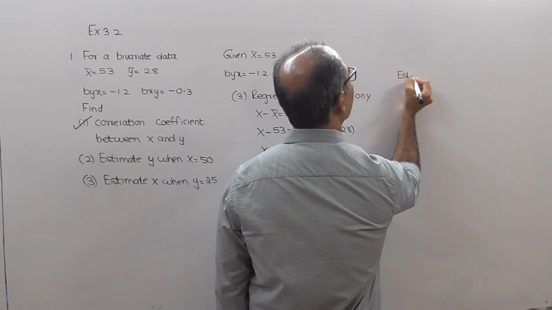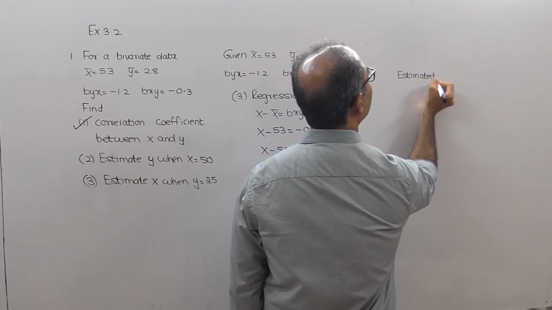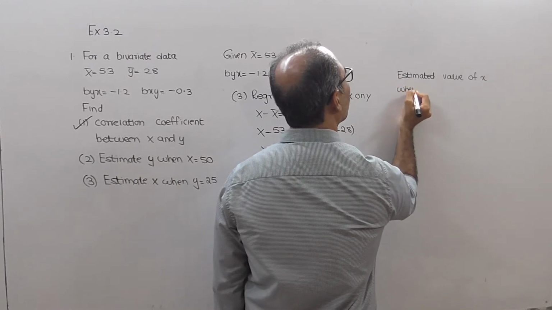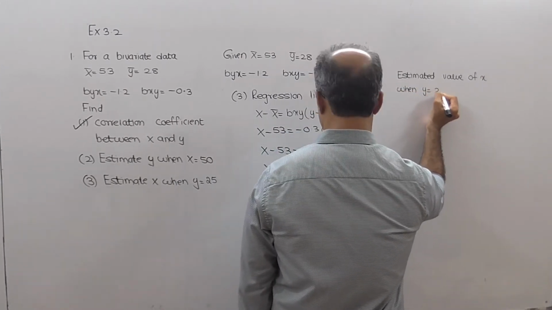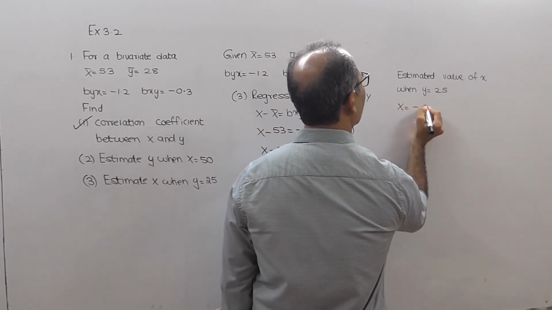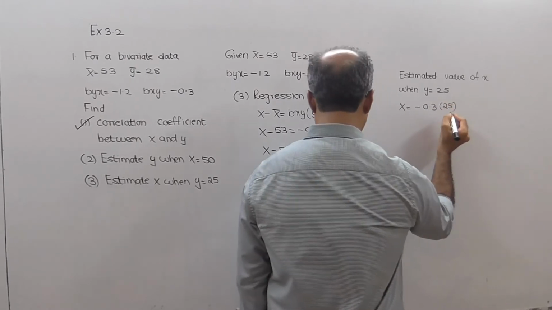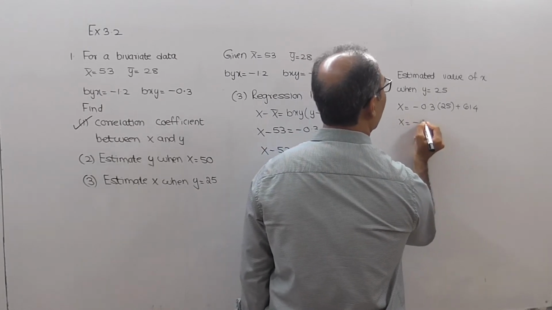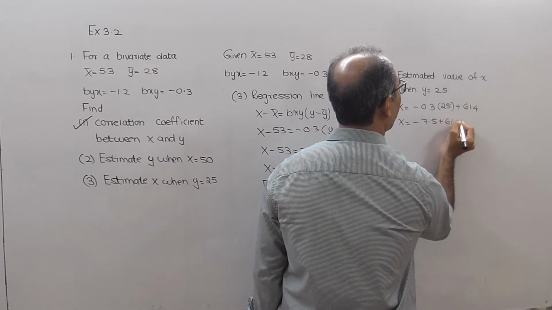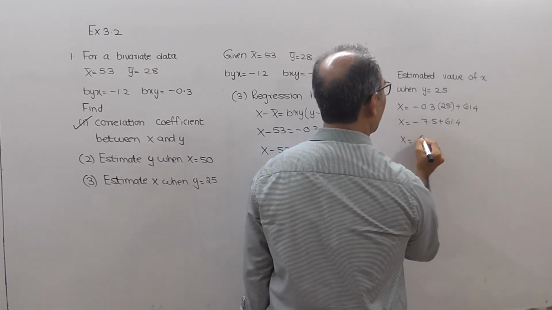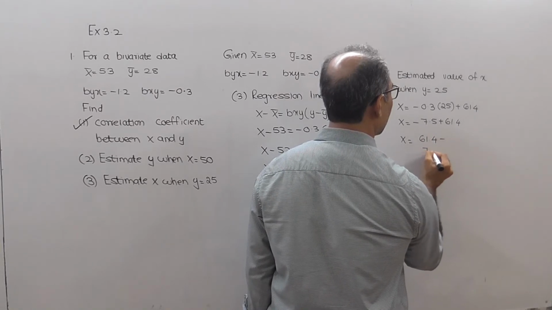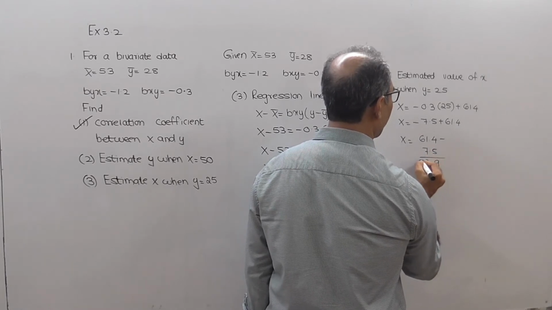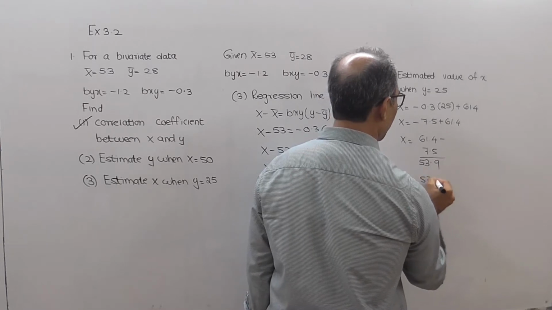So I will write here: estimated value of x when y equal to 25, that is x equal to minus 0.3 into 25 plus 61.4, x equal to minus 7.5 plus 61.4, x will be equal to 61.4 minus 7.5, 14 minus 5 is 9, 10 minus 7 is 3. I think the value will be 53.9.